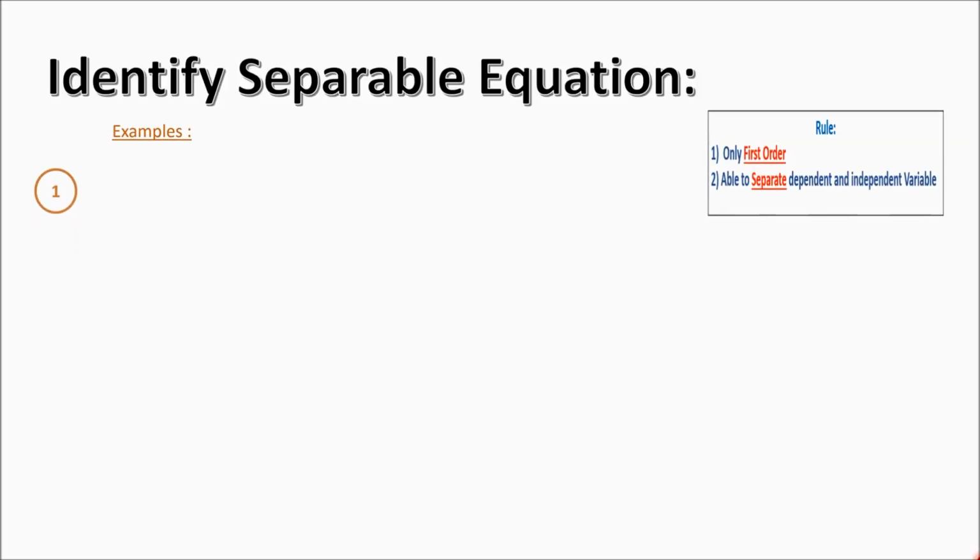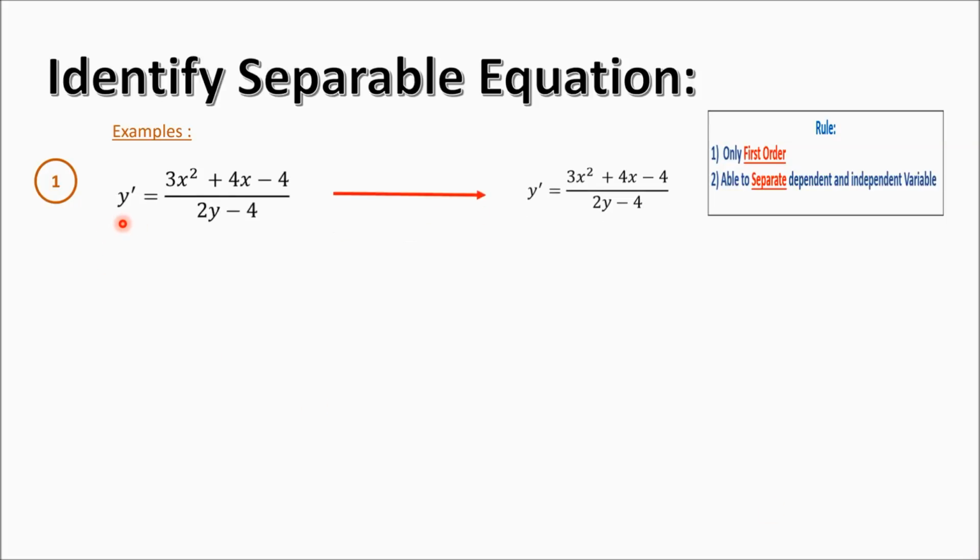Here's the first example. You realize that now it is y prime instead of dy dx. You can actually convert y prime into dy dx. After converting, you have a better view of dy dx. You know which one is your dependent and which one is your independent. You can proceed to shifting them to the left hand side and the right hand side.